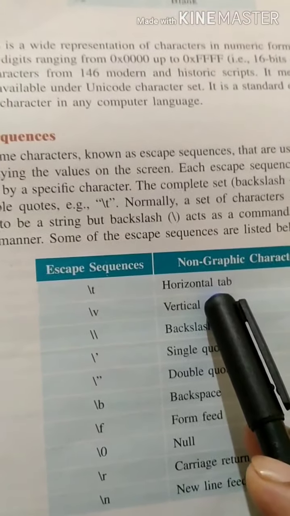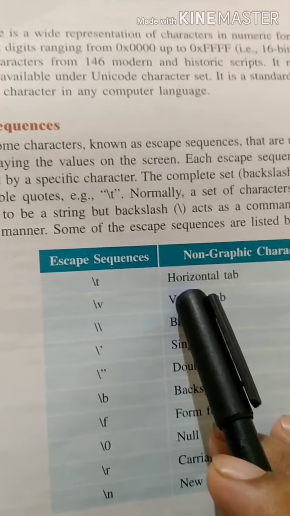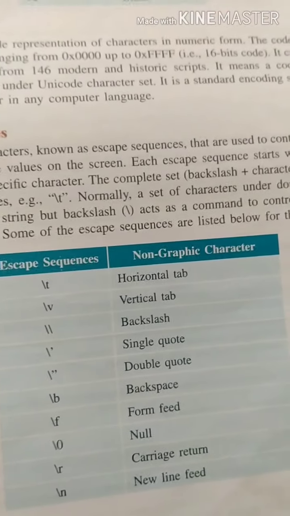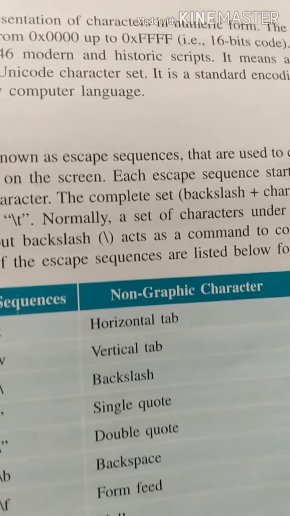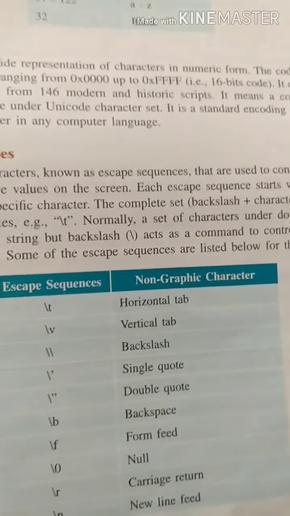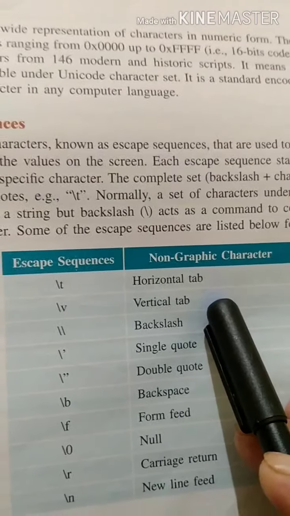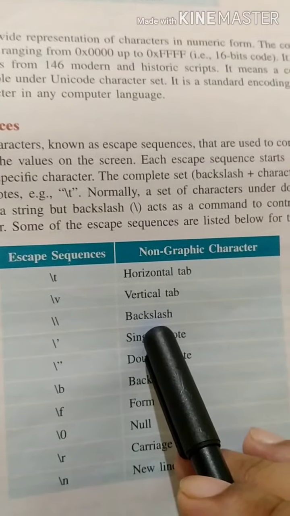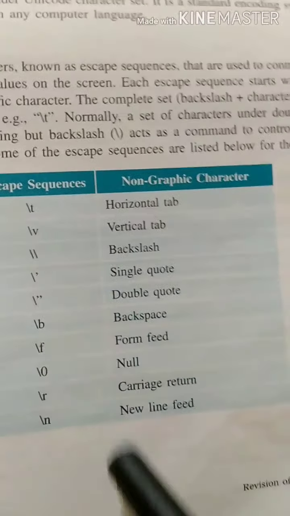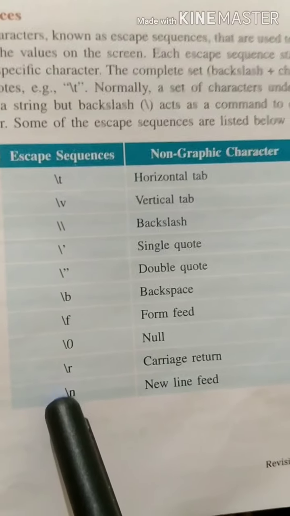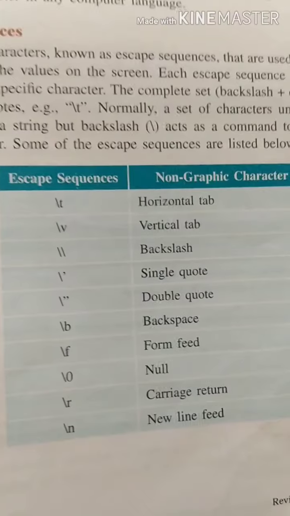If you write \t in the output, it will give a single tab space between the output digits or characters. \v is a vertical tab. There are many, but mostly we use \n for a new line feed. It will bring a new line.